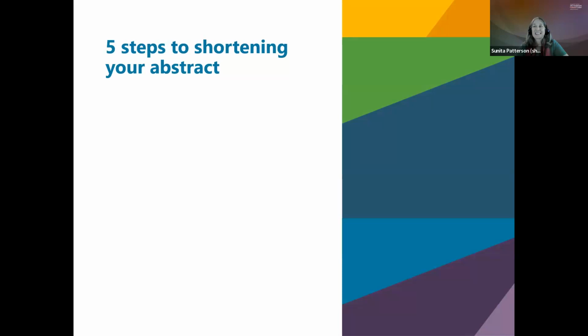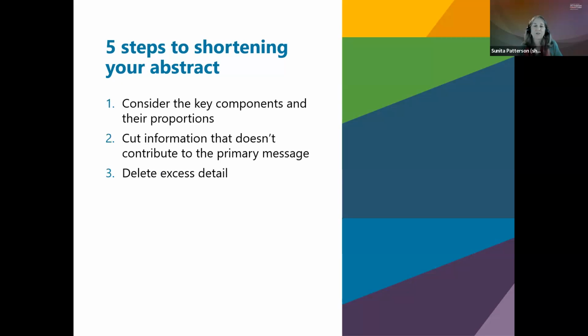So let's say that you have written an abstract and it's way too long. I'm going to show you how to analyze it step by step. If you're way over the word limit, you're going to need to think about the content and cut some information. So the first three steps that we're going to go through focus on thinking about what information is essential and non-essential.